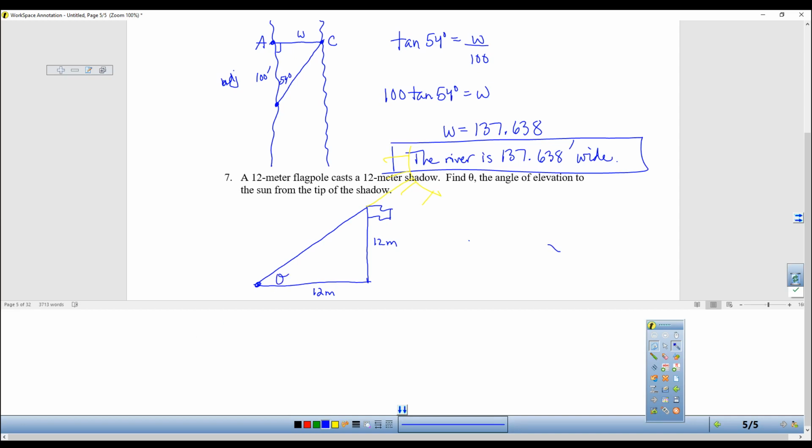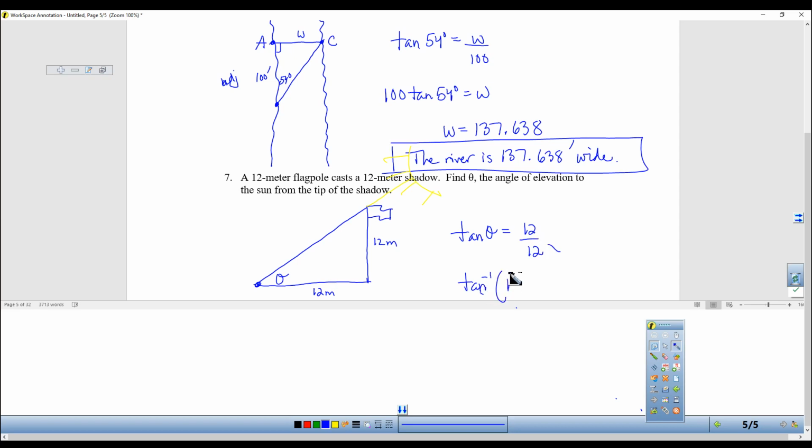So here's another practice for doing it backwards. So again, I have opposite and adjacent, so I'm using tangent. Again, tangent is a very popular one. Is equal to 12 over 12. So whenever you have the ratio and you're trying to find the angle, you have to use that inverse function, second tangent, on your calculator.